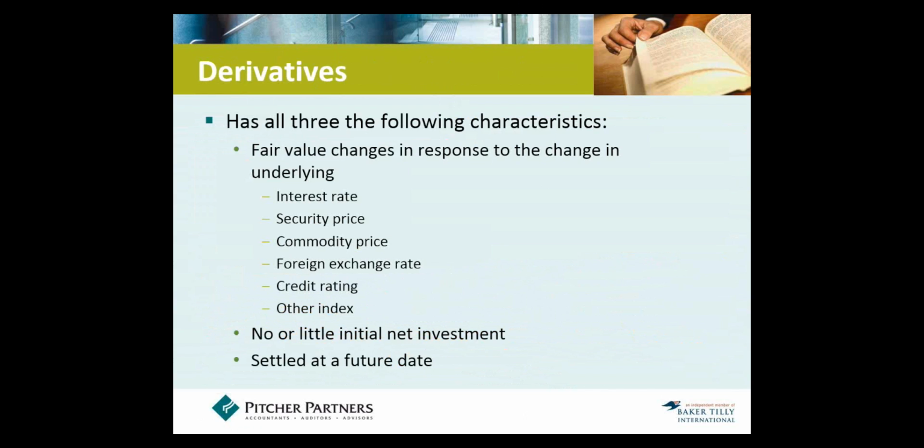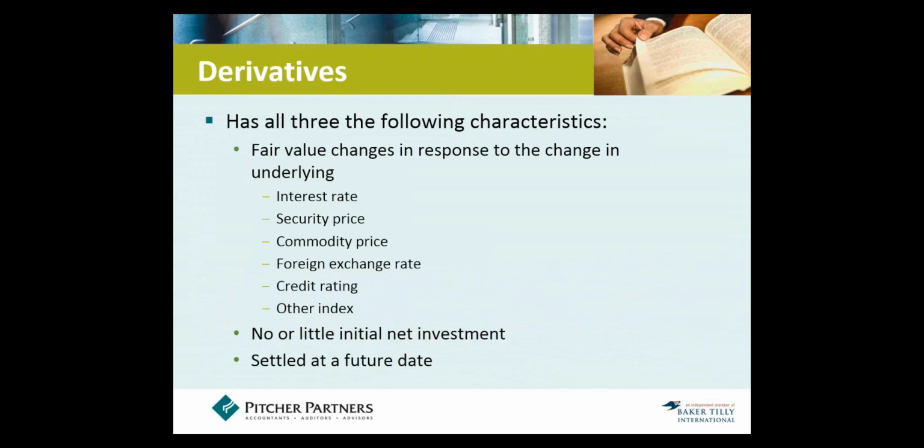And in the old days, before we had all these financial instrument standards, people would enter into these derivatives, and because there was no or limited cash transaction initially, this huge potential for upside or huge risk for downside was never reflected in historical cost financial statements.